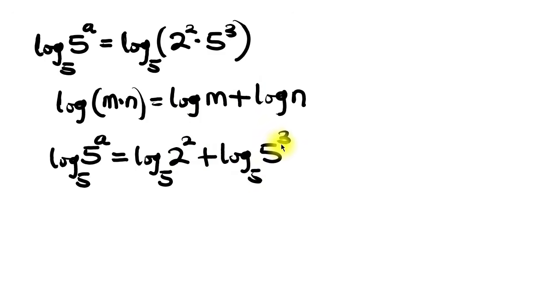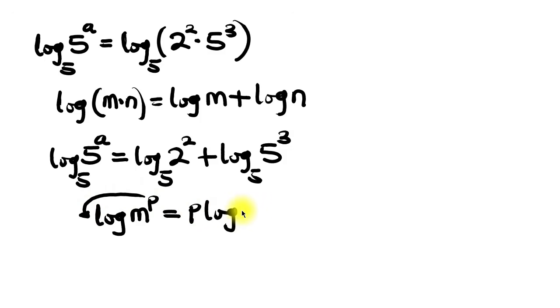Very good. Now let's apply the last property. I'm not going to be calling this the last one because there's still another one. A property of logarithm that says that when I have the log of, let's say, m to the power of p, this is equal to, what happens is this power comes back down to this place so that it becomes p times log m.